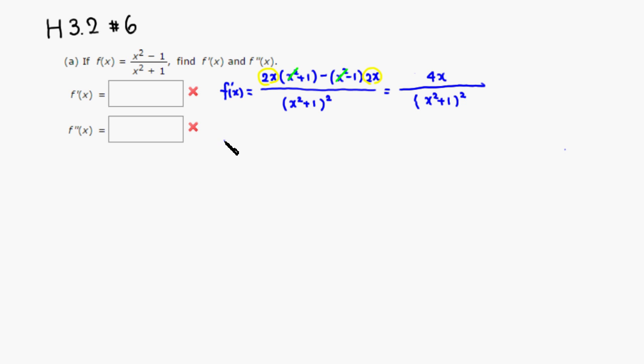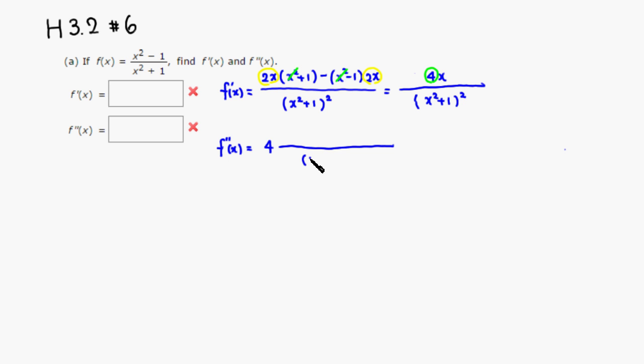Then we take another derivative. So f double prime of x is equal to, first we have a constant here, so this is a constant multiple. I just put 4 in front. Then we just take the derivative of the rest. So square the bottom.